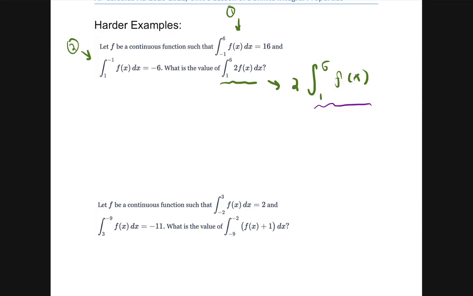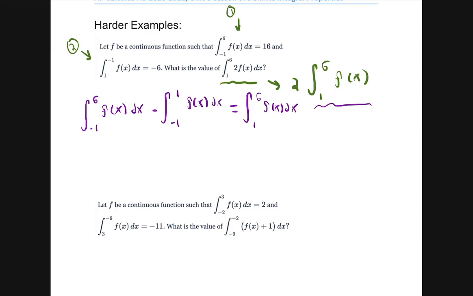And so this is going to seem a little bit strange here, but if you really just think about what's happening here, if I take the definite integral from -1 to 6 of f of x, the area under the curve from -1 to 6, and I subtract the area under the curve from -1 to 1 of this function, well, that's going to be equal to the area from 1 to 6.